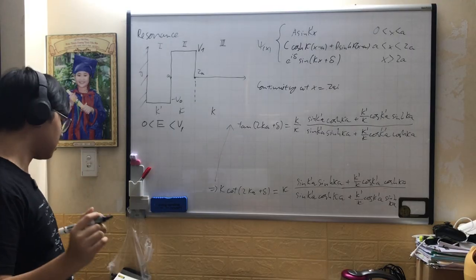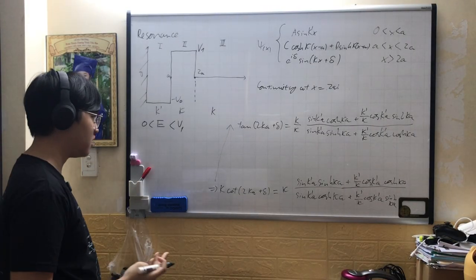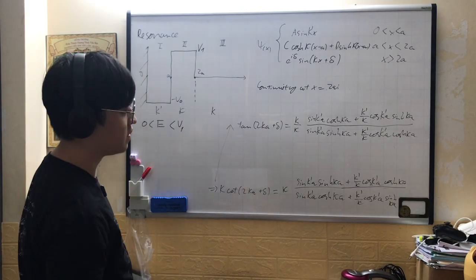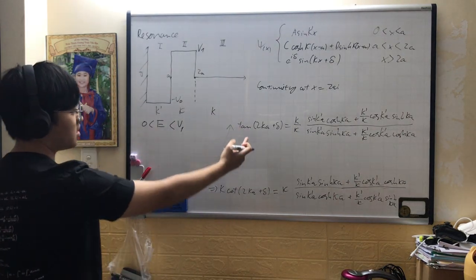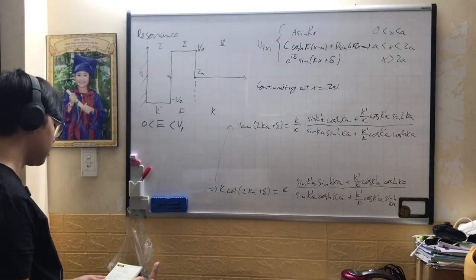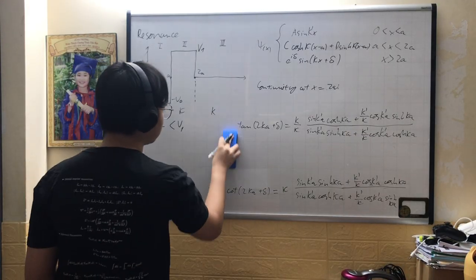And from here, you can solve your things to get your delta, to get all sorts of stuff. And here you can actually recognize that there are like Ka and stuff. So that means you can put these into unitless numbers.